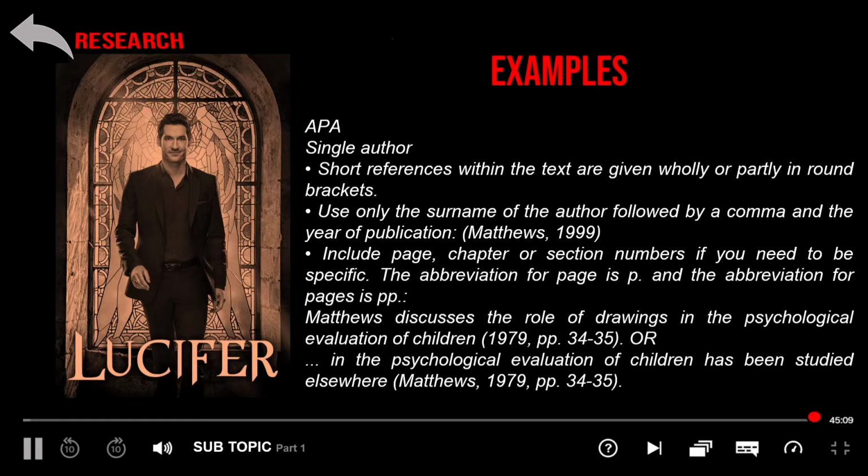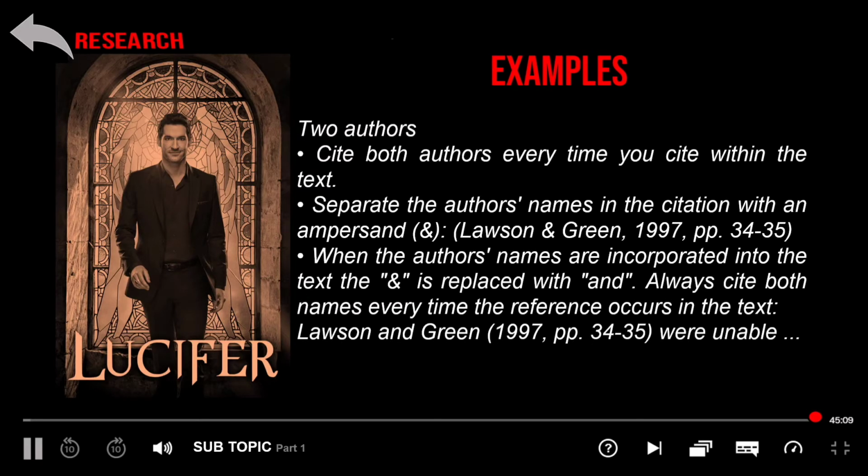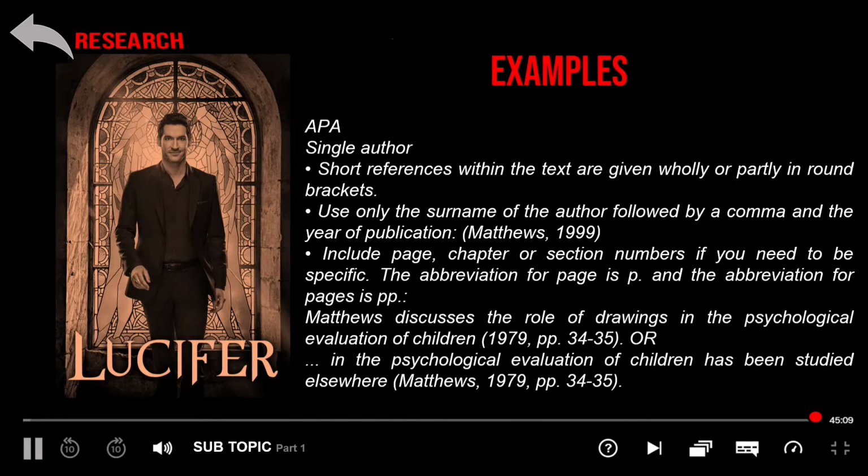The abbreviation for page is p. and for pages is pp. Matthews discusses the role of drawings in the psychological evaluation of children (1979, pp. 34-35), or: the psychological evaluation of children has been studied elsewhere (Matthews, 1979, pp. 34-35).